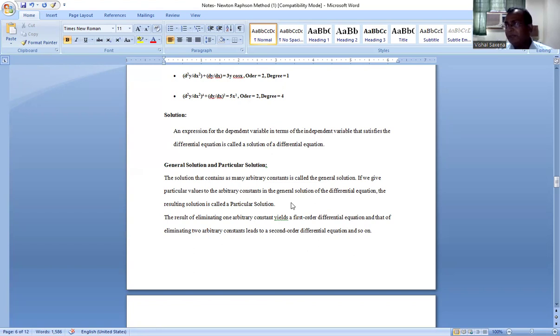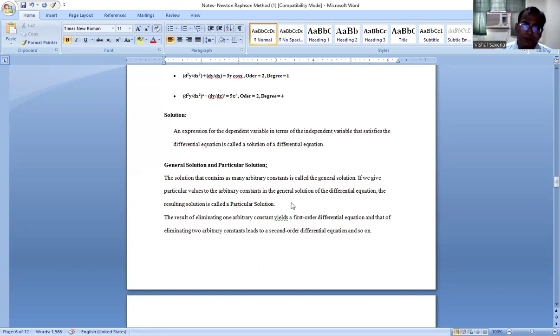How can we eliminate these? Just by taking the solution and its derivatives. If we eliminate these two constants, then definitely the differential equation will be a second order differential equation.